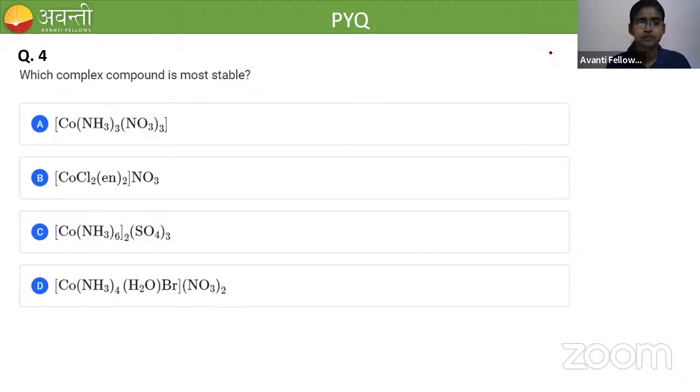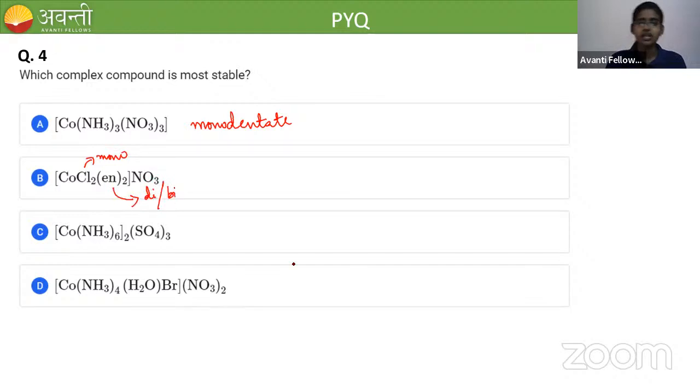Okay, let's discuss. In the first complex, you can see NH3 and NO3 attached as ligands. Both are unidentate or monodentate ligands. Coming to option B, we have two different types of ligand. Fluoro is monodentate, but ethylene diamine is a didentate or bidentate ligand.